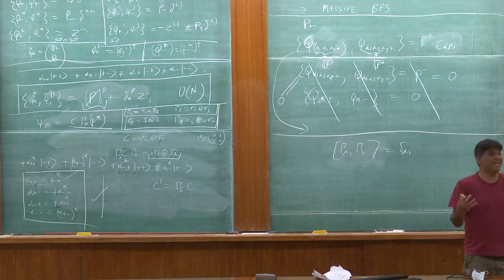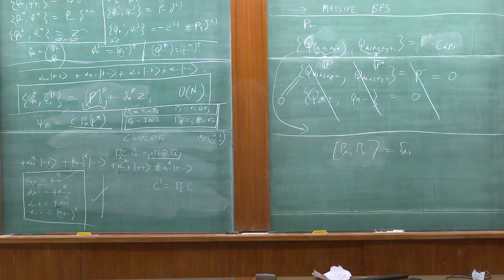In the end, that quantization gave us one representation which was a spinor. Sometimes it gave us two representations, chiral and anti-chiral spinor.